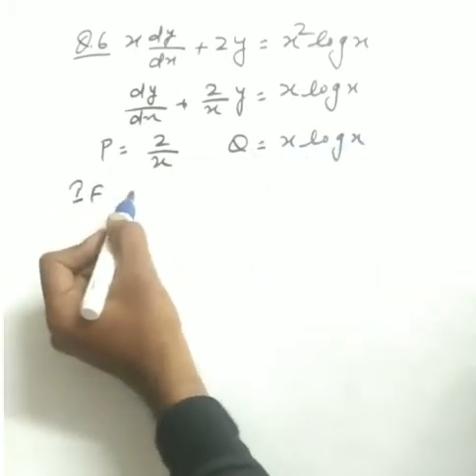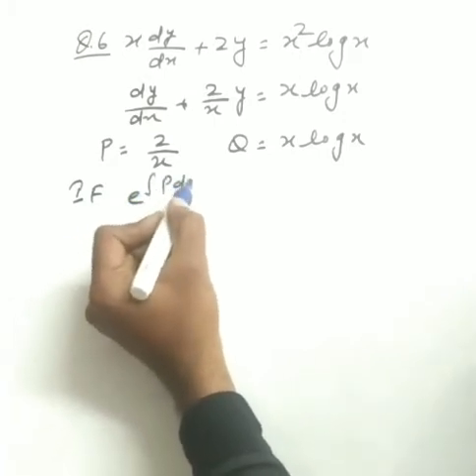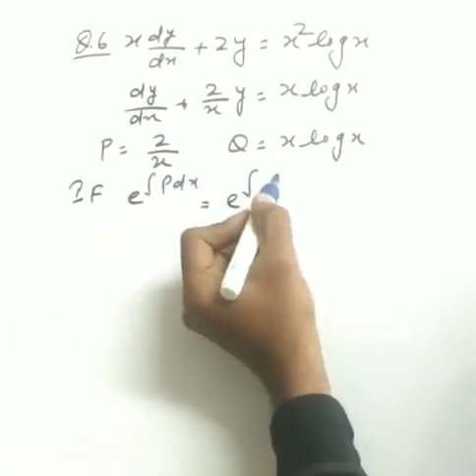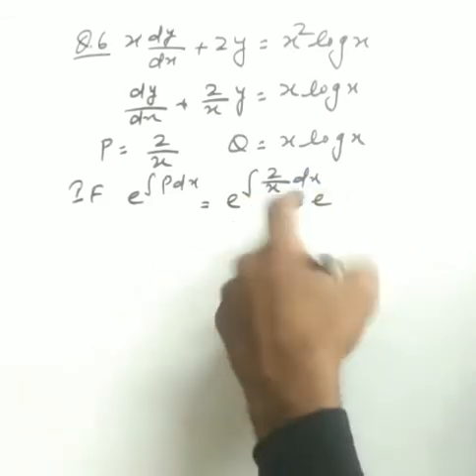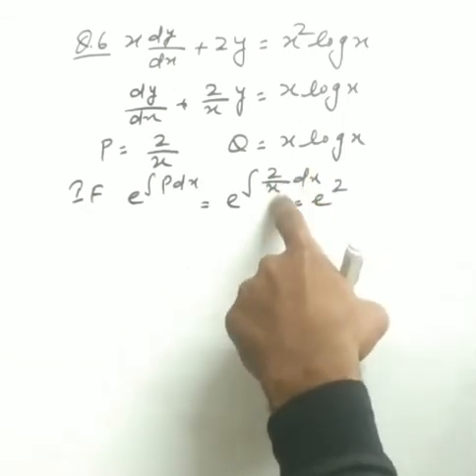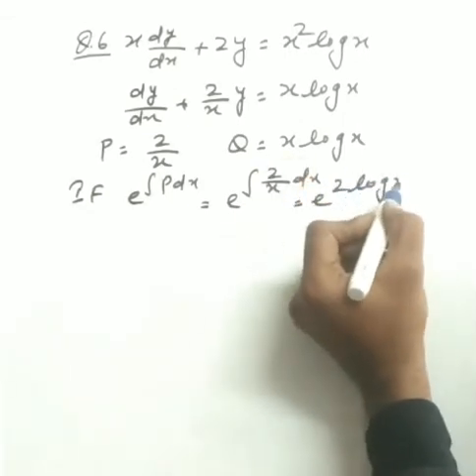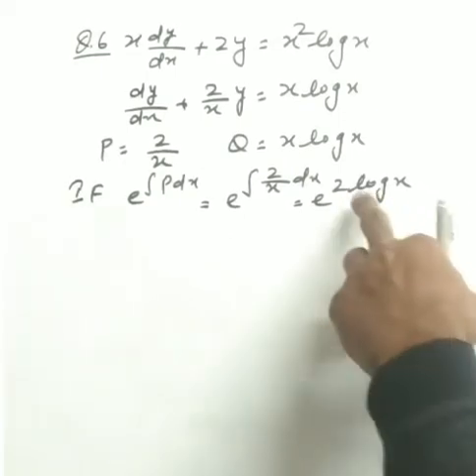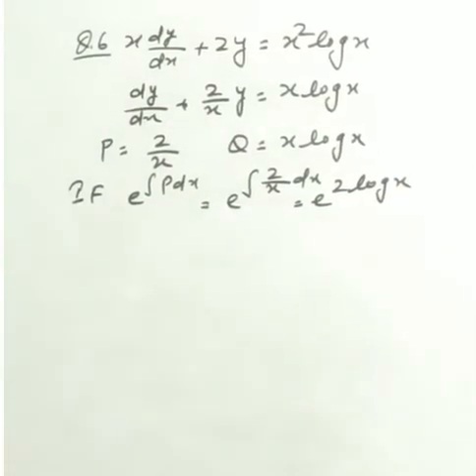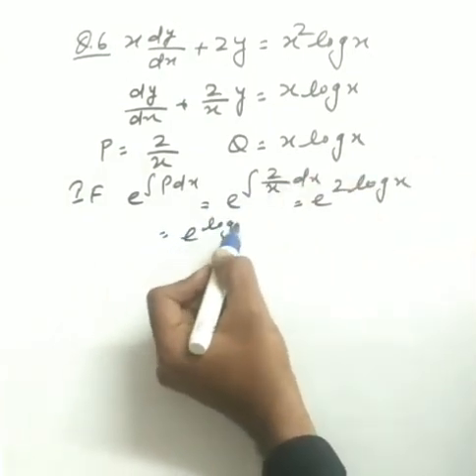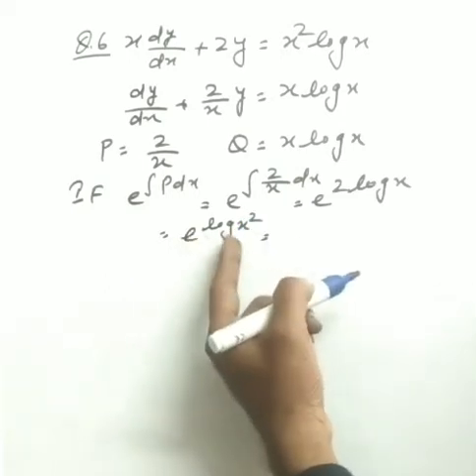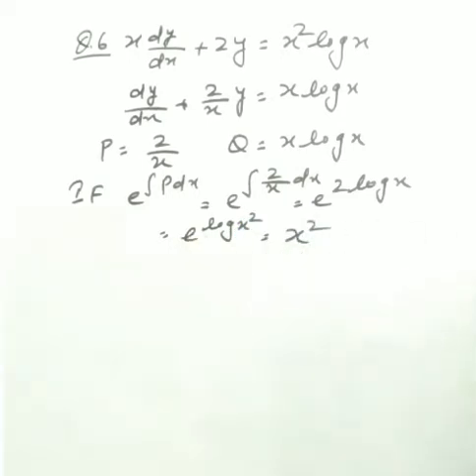Now IF is e to the power integration of P dx, e to the power integration of 2 upon x dx, e to the power 2 integration of 1 upon x, which is log x. Now we shift this 2 to the power: e to the power log of x square. By the property of logarithm, it is equal to x square.